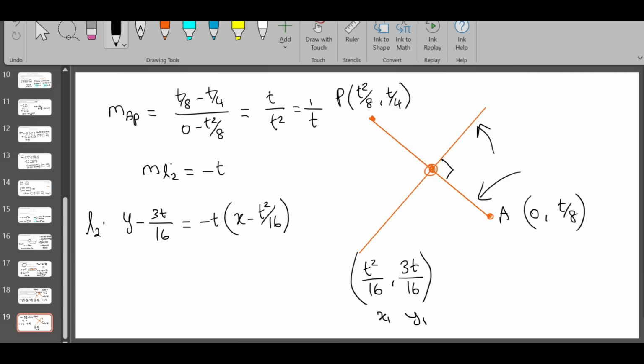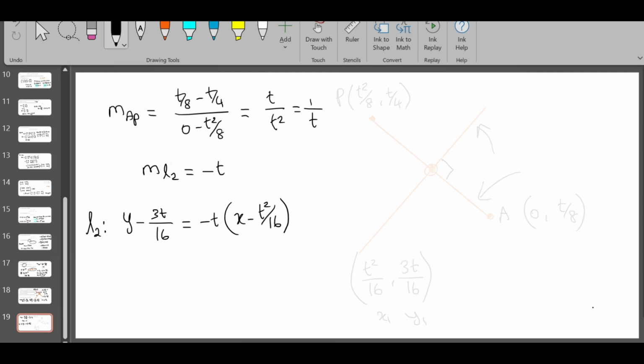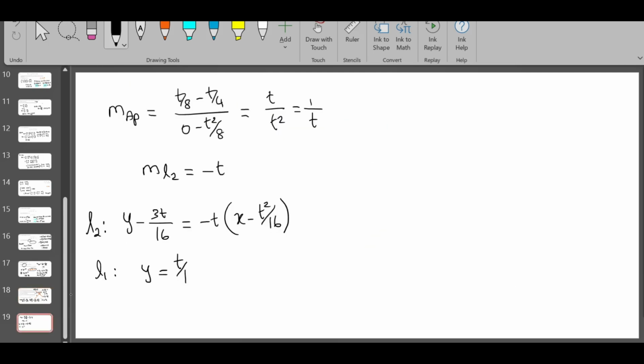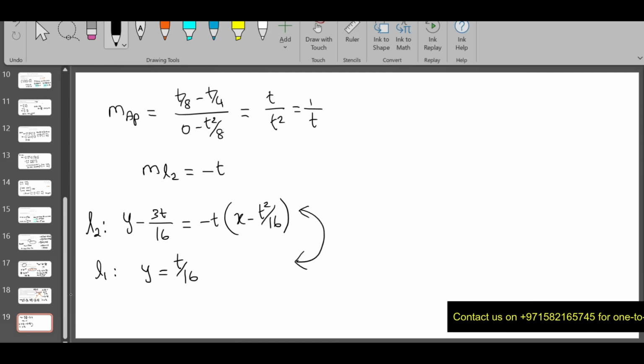That's the equation of L2. We already have the equation of L1, which is y is equal to t over 16. Let's solve these two because Q is the point of intersection.